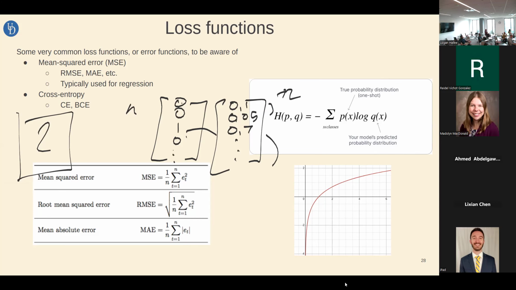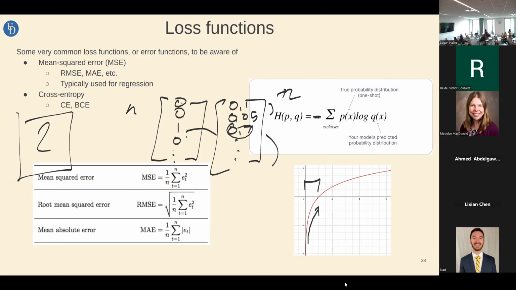And if we look at the log, natural logarithm usually for this function, we'll notice that as this value gets closer to 1, so this would be the x value, the probability that we're inputting, the log of it is going to get close to 0. And so what we're actually trying to do is minimize this, the negative log of q(x). And that's why it has a negative sign here, because the log is actually going to be a negative value.